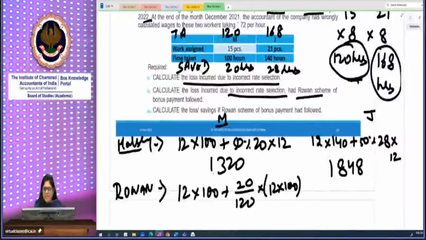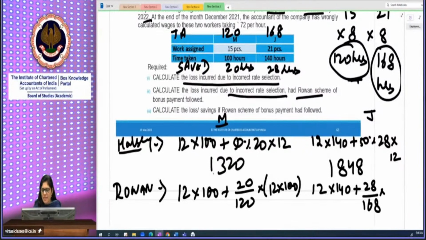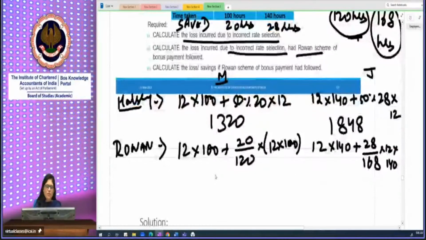All right. Similarly, 12 into 140, and now I'm following the Rowan system. Plus time saved is 28 by time allowed is 168 into 12 into 140. All right. Now please calculate what is the loss incurred due to Rowan.